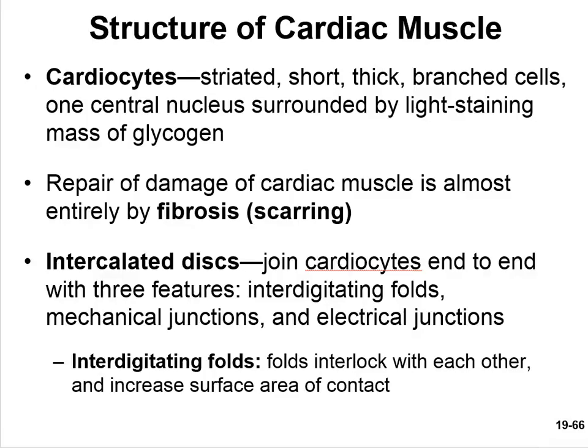They have intercalated discs, which join the cardiocytes end to end with three features: interdigitating folds, mechanical junctions, and electrical junctions. The interdigitating folds interlock with each other and increase the surface area of contact.